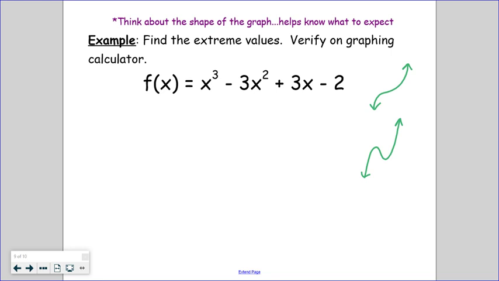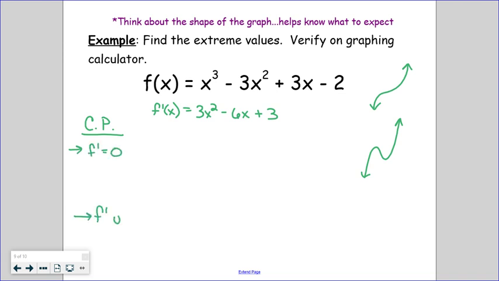Now, going through then, there's no interval for endpoints, but I can look at my critical points, which means I need to look at my derivative. Just power rule all the way across, right? So again, thinking through my critical points, I need to think of two places. Where does my derivative equal 0?